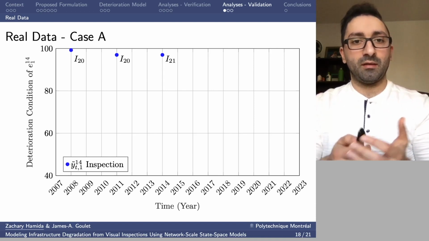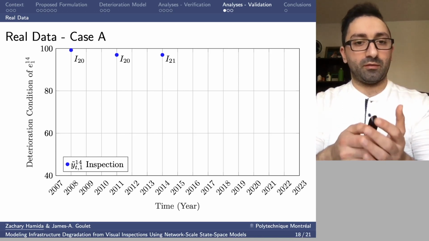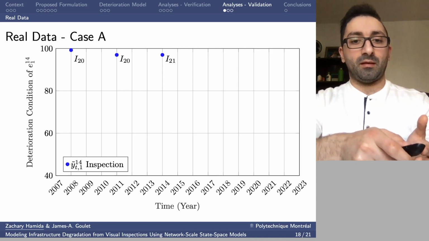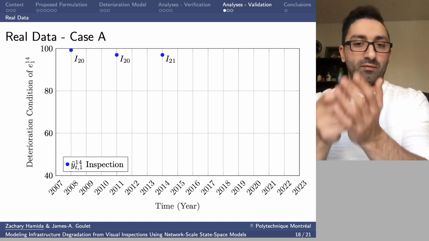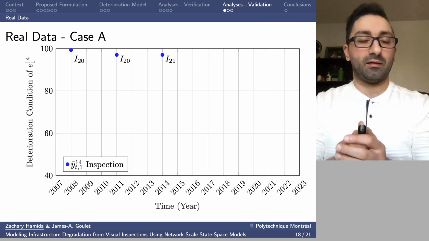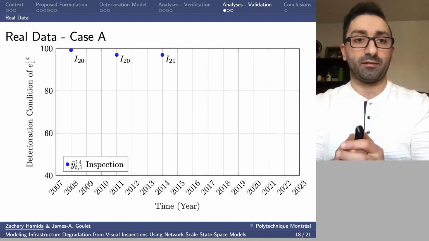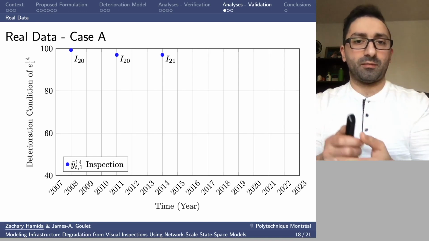Now here we have a time series taken from a real case. The timeline is on the x-axis, so yearly scale, and the condition of the structural element is on the y-axis. The inspection data are represented by the blue points.